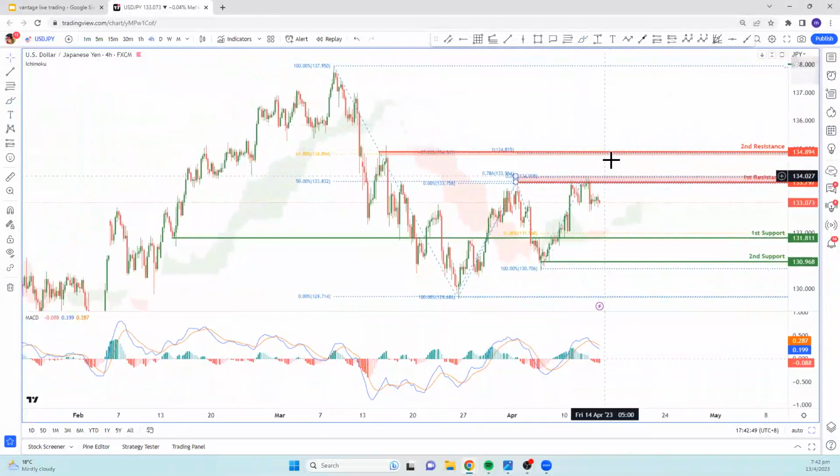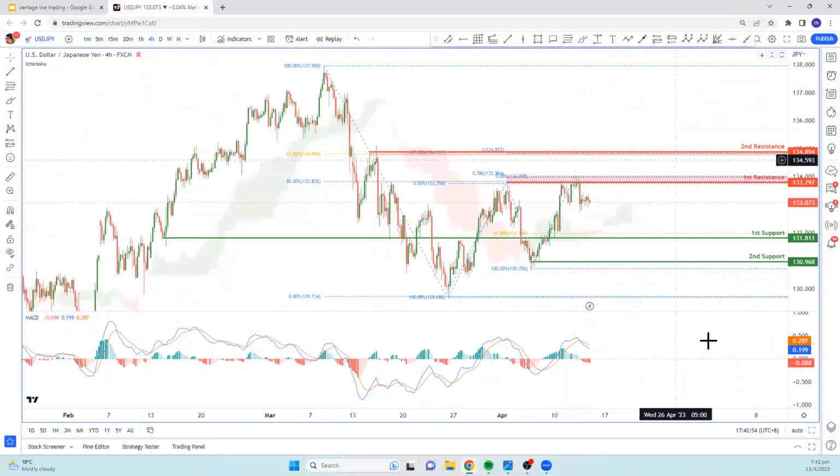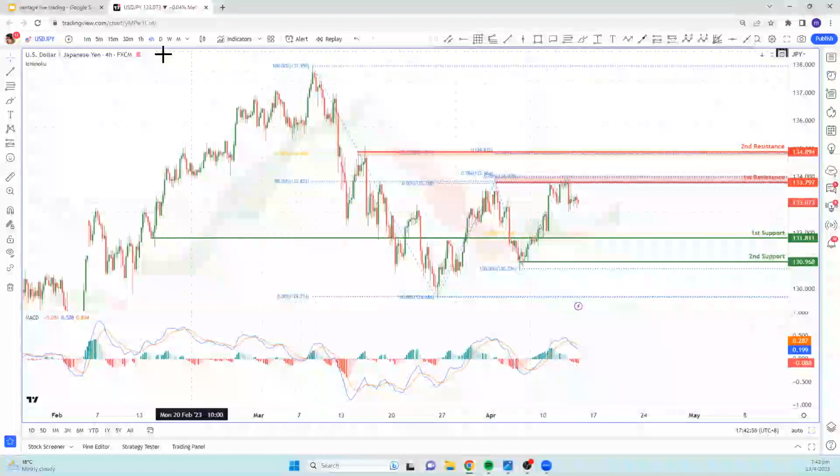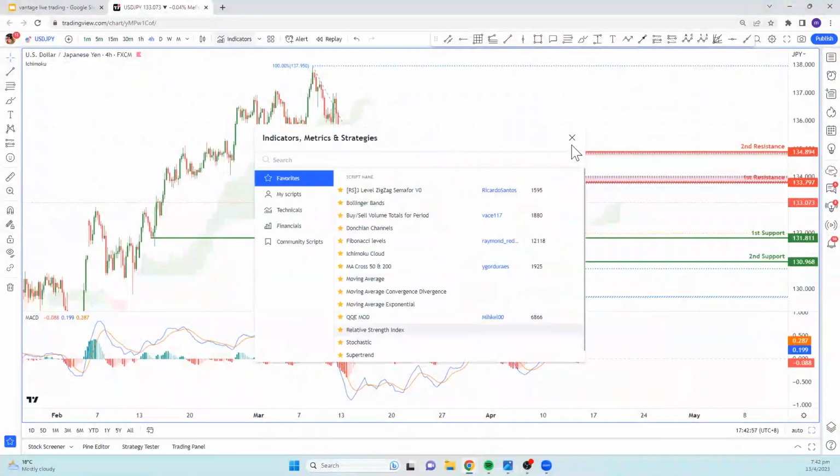Okay, but before going towards our second resistance, we want to first make sure that it's going to break through our first resistance. So let's pull out another indicator.